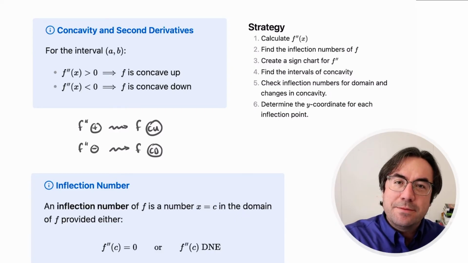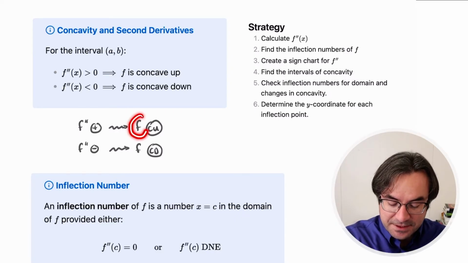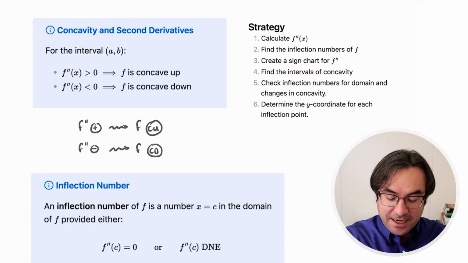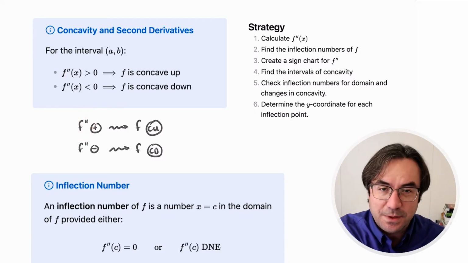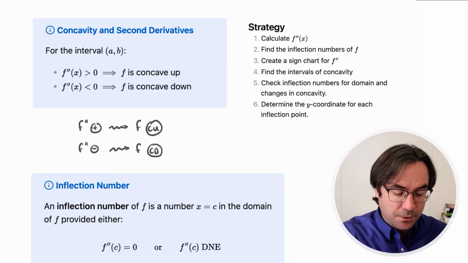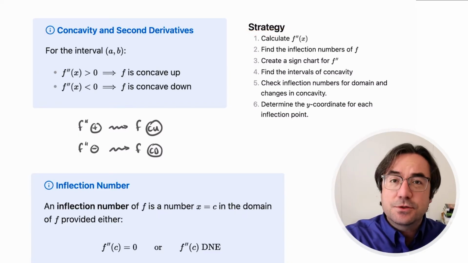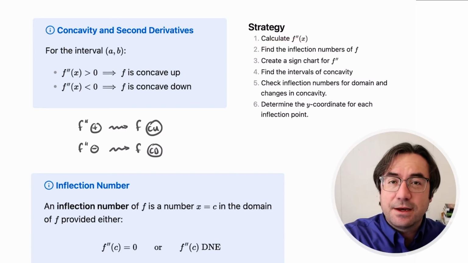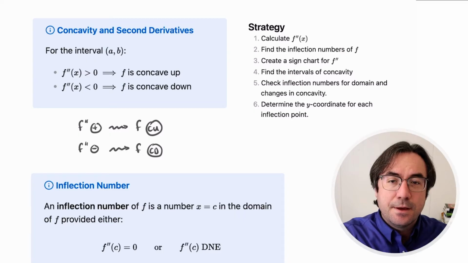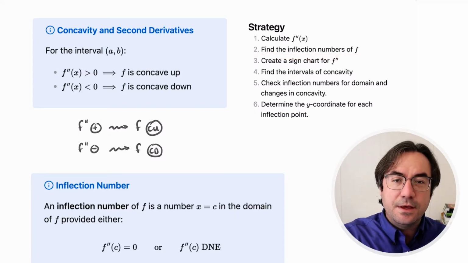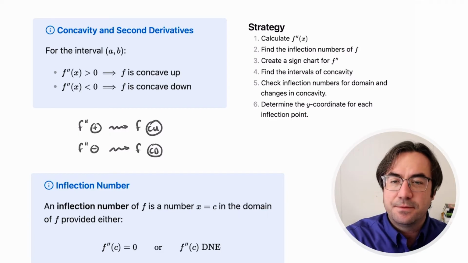So, again, we're going to be investigating some function f, and we're going to be using its second derivative to help us with that. All right, so how are we going to do this? The first step in our strategy here, well, we've got to calculate the second derivative. So we've got to calculate f double prime. Then we want to find what are called the inflection numbers of f.